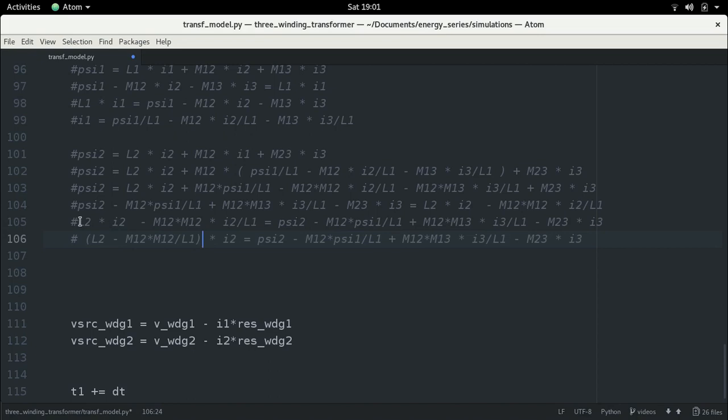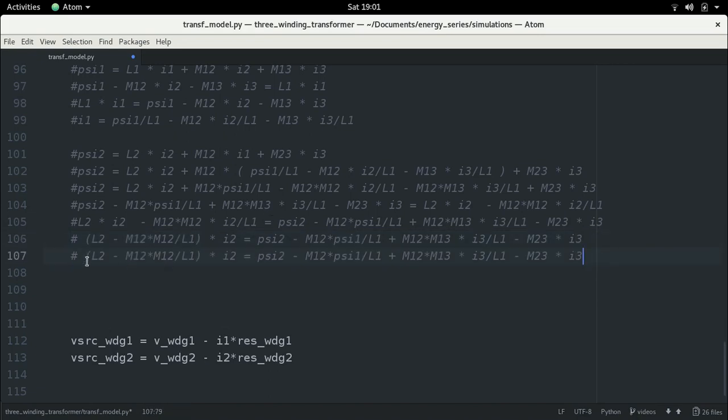So all I have done is just taken out these common terms and brought I2 out. So now that I have this, we can express I2 in terms of I3. Let me cut this out and let me close this entire thing within a bracket and paste it. Okay. Of course, I need to put the divide by sign.